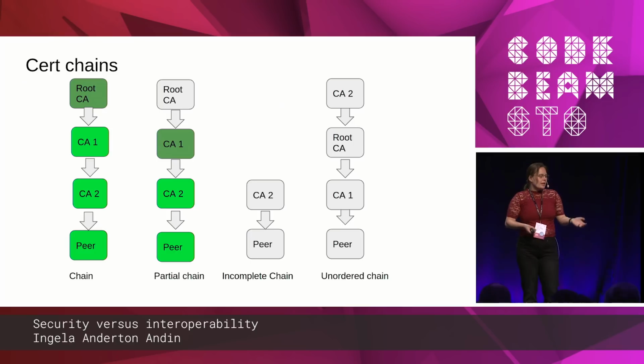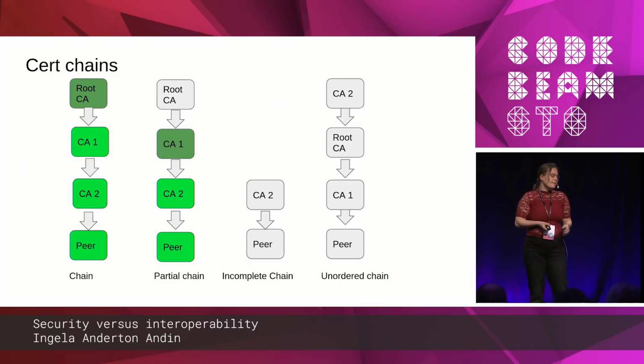Here, this is not according to the spec, but many times it would be possible for the server or the client to build the complete chain because they might have the intermediate certificates in their certificate store. So if I get an incomplete chain and I can build a complete chain, I could make this a valid request.